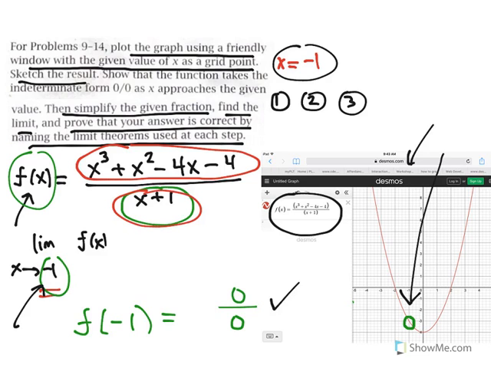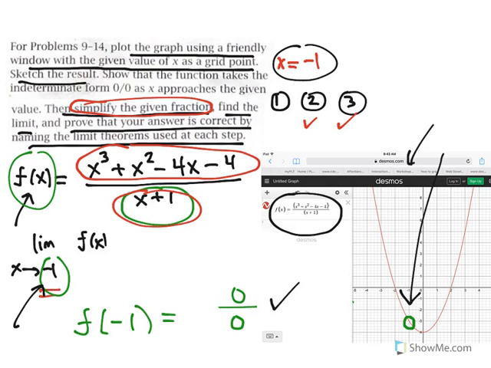If so, we can cancel the common factor of x plus 1 in the numerator and denominator, and that takes care of simplifying the function. Then we can find the limit, as we did yesterday, by using the limit theorems. As long as you're using the limit theorems, you know your answer will be correct, so you just cite the limit theorems you're using at each step.